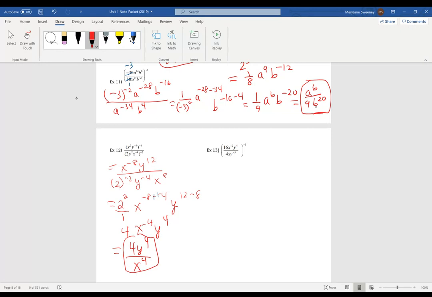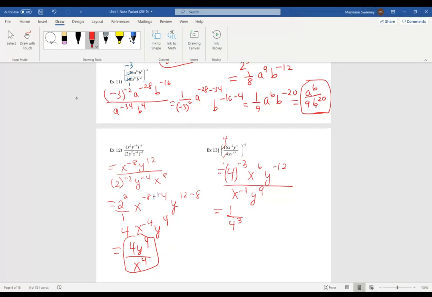And this one, again, I would reduce this. Then it is 4 to the negative 3rd, x to the 6th, y to the negative 12, over x to the negative 3rd, y to the positive 9. So this is 1 over 4 to the positive 3rd, right?